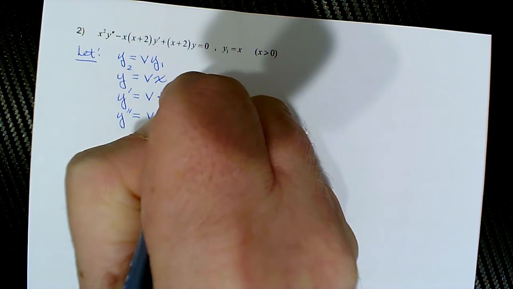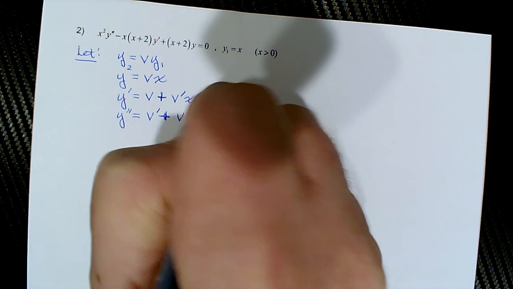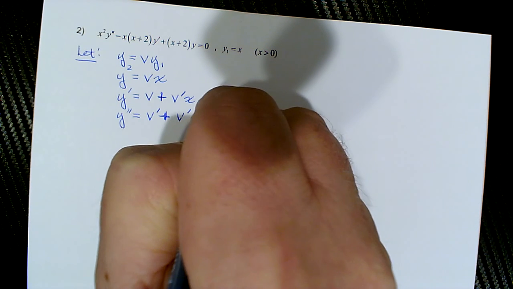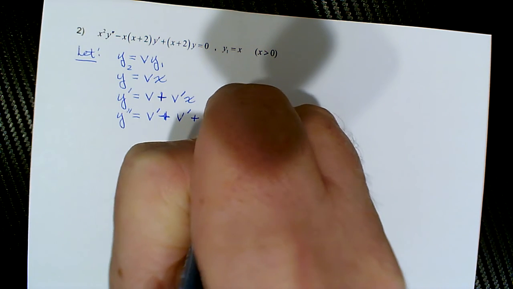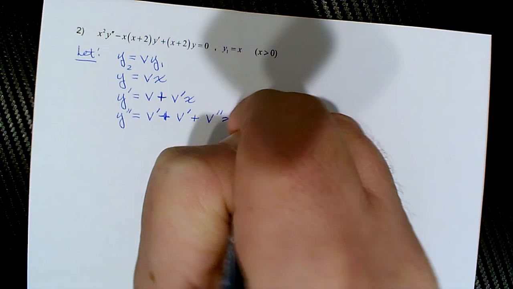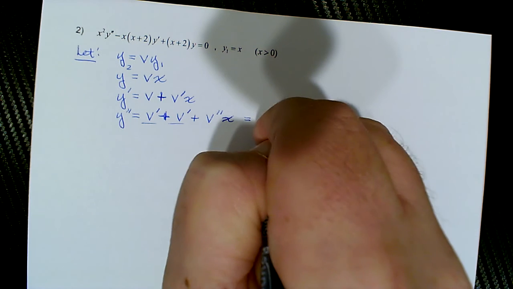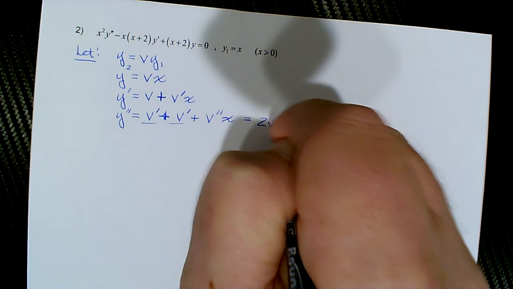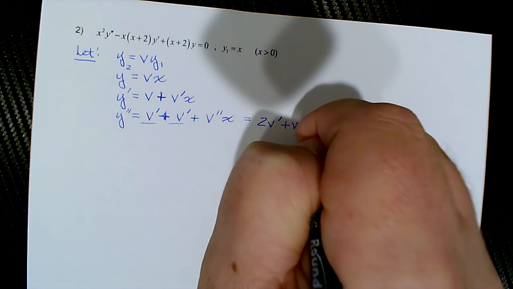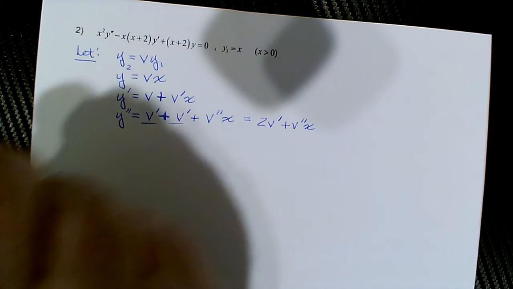And then plus the second factor x times the derivative of the first, and the derivative of v prime is v double prime, and the x tags along. So then we can combine the v primes, so we get 2v prime plus v double prime x.